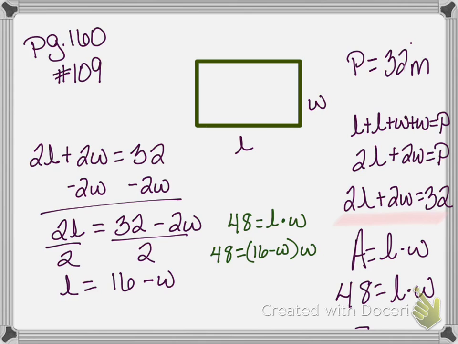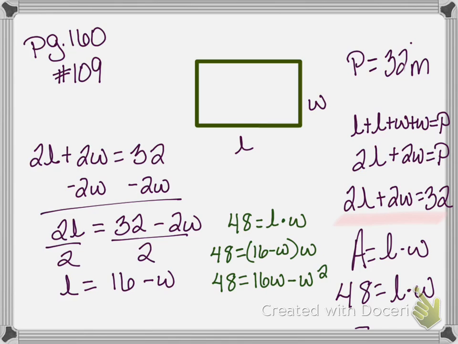W times 16 is 16W minus W squared. Now at this point, what I have is a quadratic, and so I can solve for W.